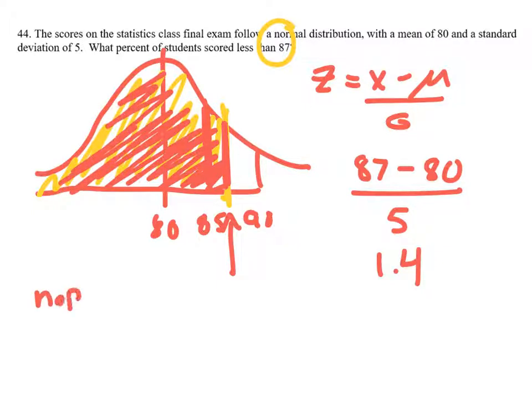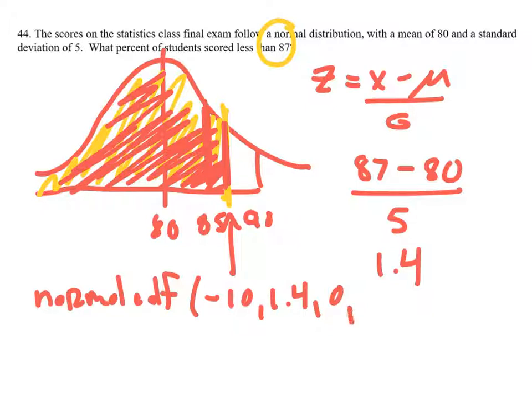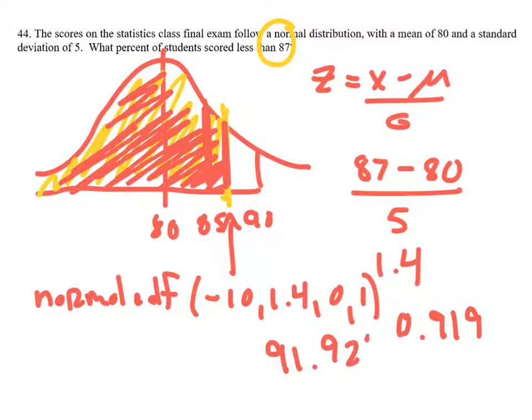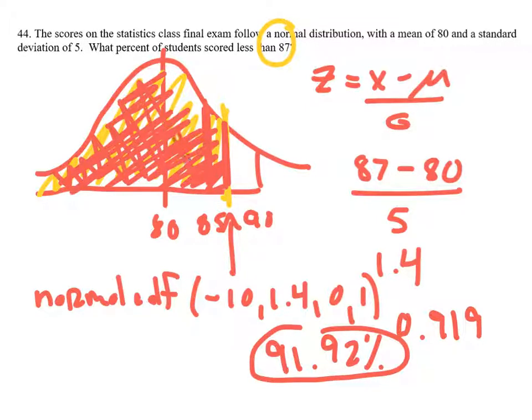In our calculator we use normal CDF, and we go from our lowest, which I always use -10, to our highest, which is our 1.4, with a mean of 0 and 1 standard deviation. When you calculate this, we get 0.9192, in other words 91.92%. That is the amount of people that were under that student score.